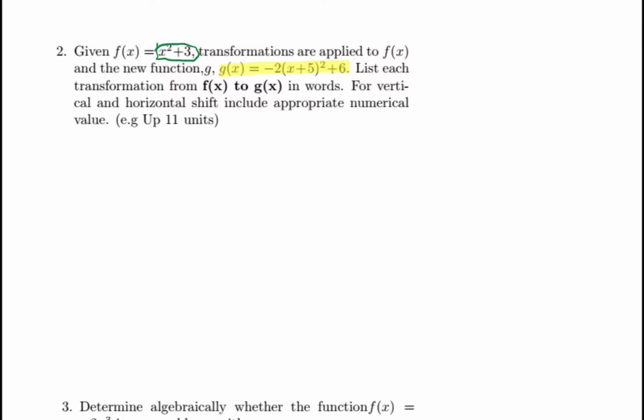First, we recognize it's 3 and 6. Let me actually write both: x squared plus 3, and negative 2 times (x plus 5) squared, plus 6. Here we have plus 3, but here it's 6. That means it went up by 3. So a vertical shift of up 3.